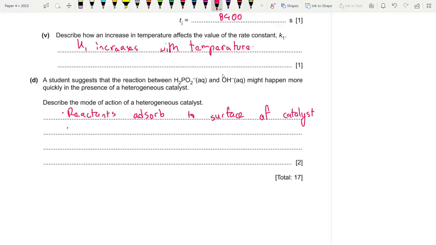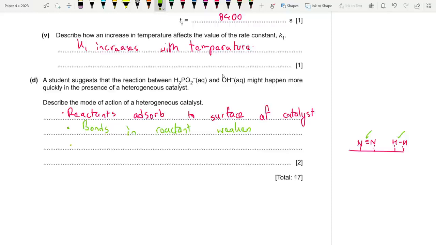So, for example, nitrogen and hydrogen actually form new bonds with the solid over here. As a result, the bonds between them weaken. So, bonds in reactant weaken. All right.